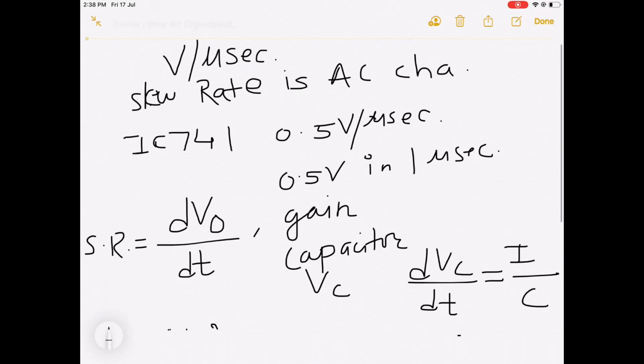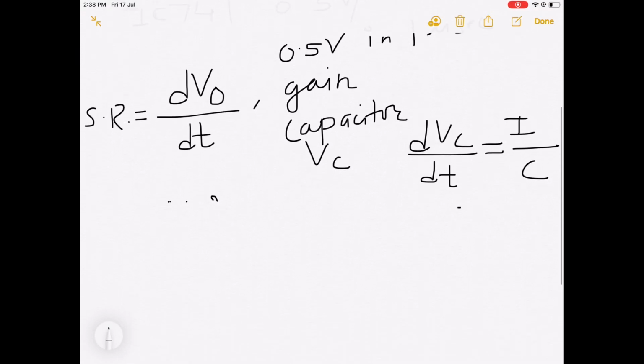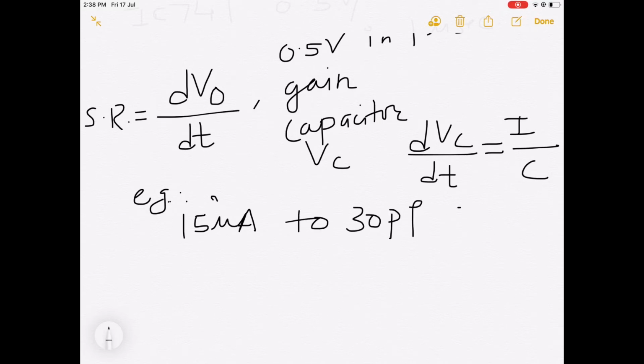So for example, the IC741 can provide 15 microampere of maximum current to a 30 picofarad capacitor. Therefore, how do you calculate slew rate? Slew rate is equal to output voltage change, that means voltage across capacitor, divided by dt, that means change in time.